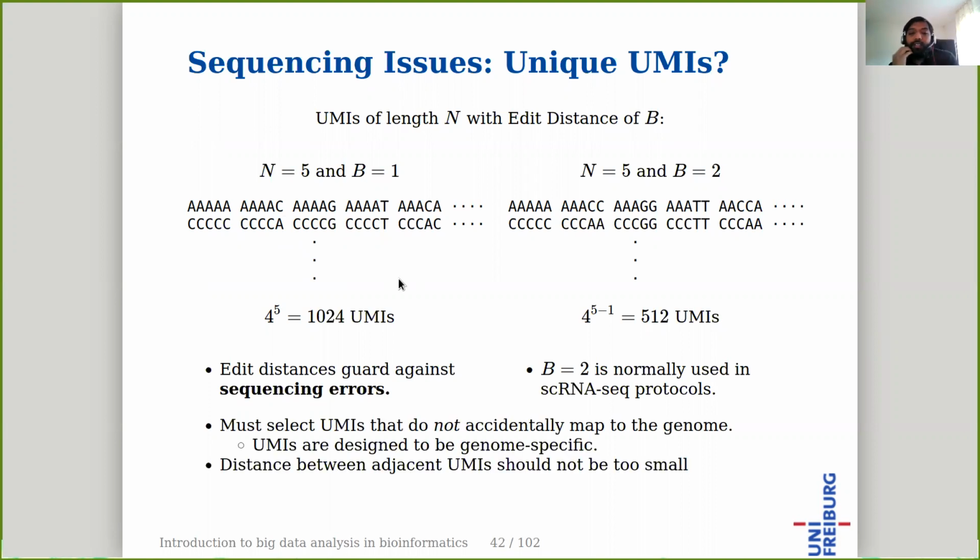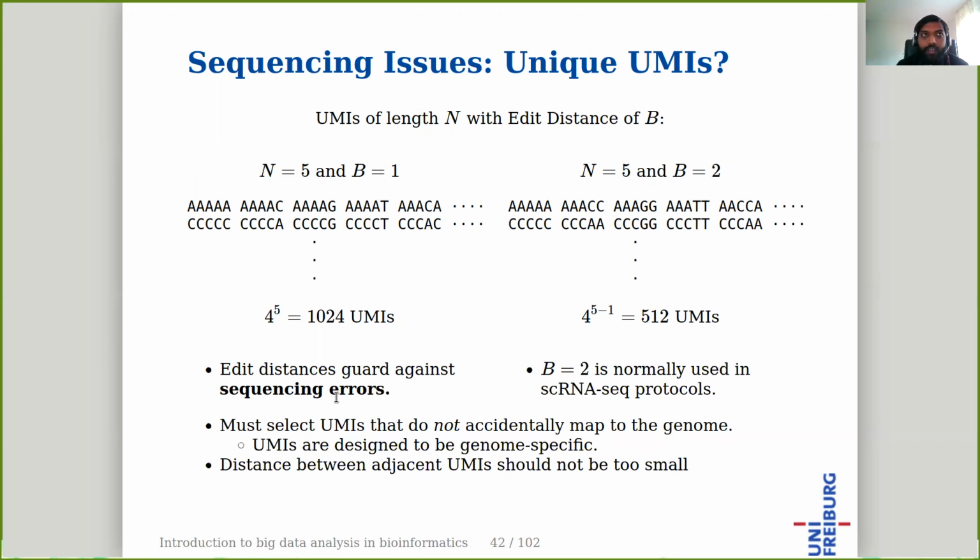The UMIs that are selected must be unique to the genome that you're mapping to, or the sequence that you're sequencing from. So if the UMI and transcript together, since we attach the UMI in front of the transcript, can randomly match to some place on the genome, then it is a problem.